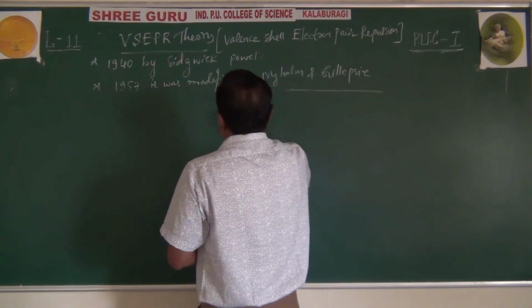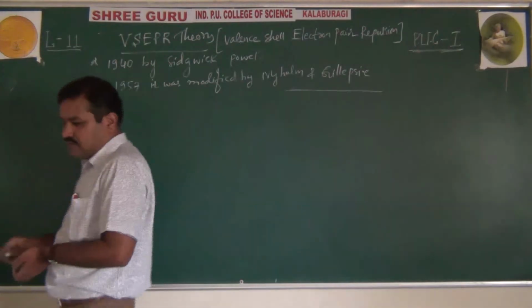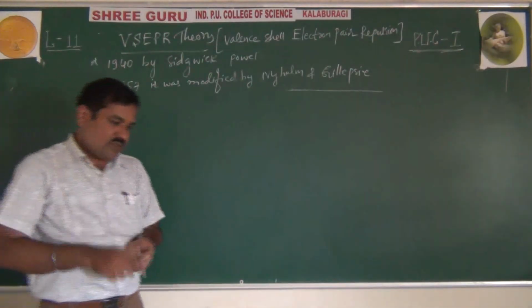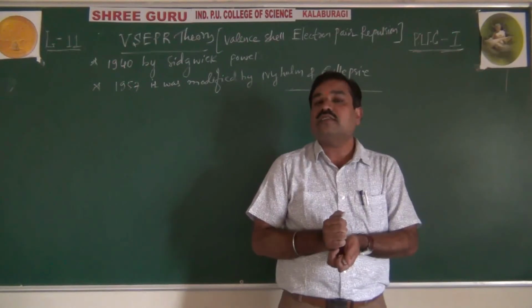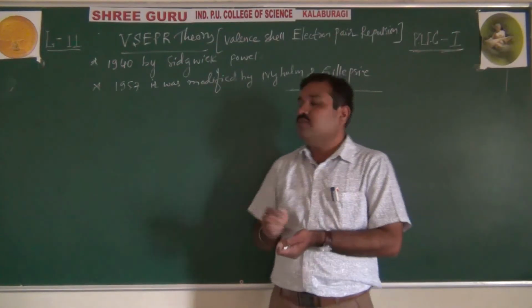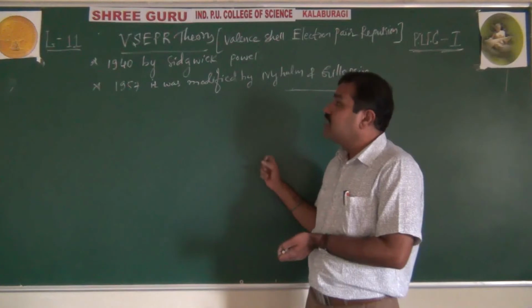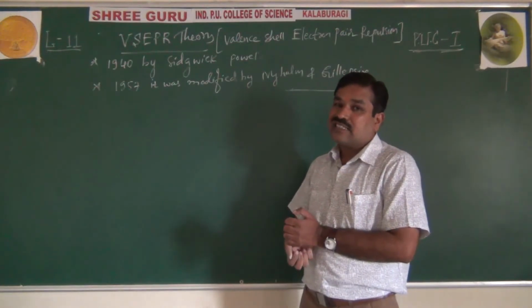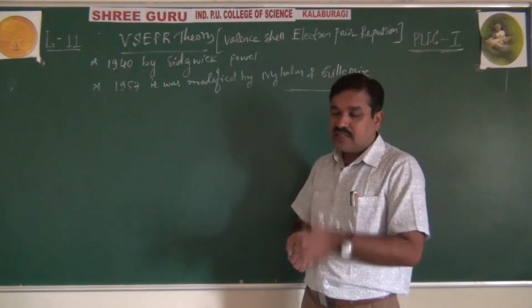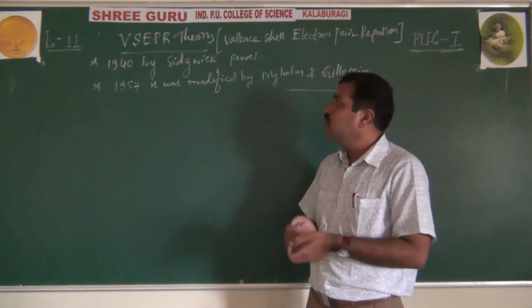They modified this in the year 1957. That's why I say valence bond theory was given in the year 1927, but later it was modified in 1932 by Slater and Pauling. But in 1940 this theory was given after hybridization began. That's why I did not discuss this VSEPR theory until the completion of valence bond theory and hybridization.